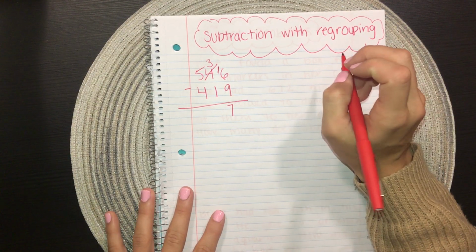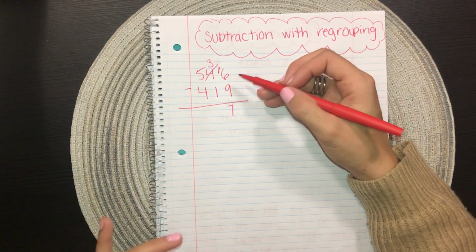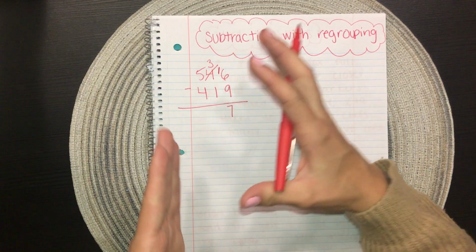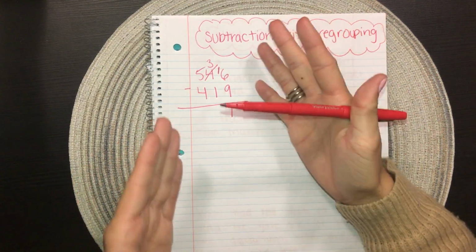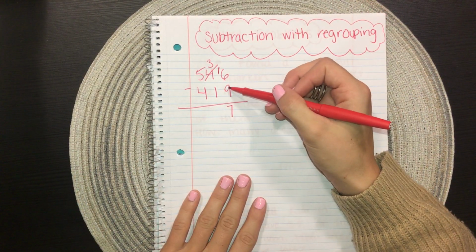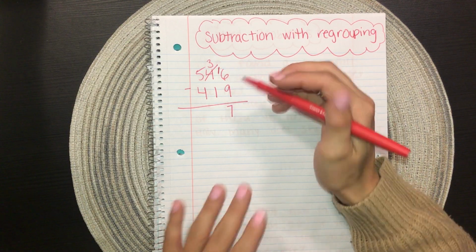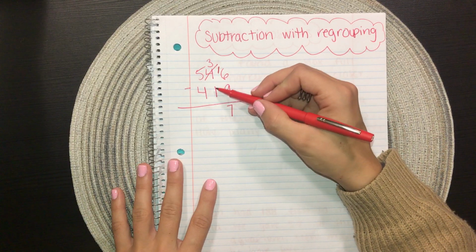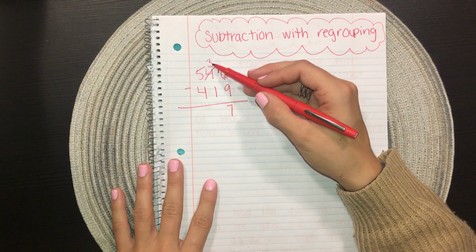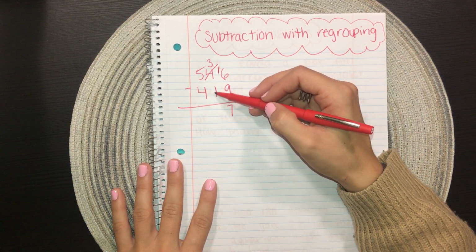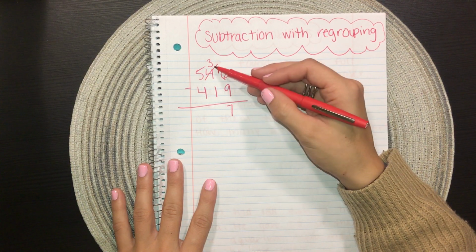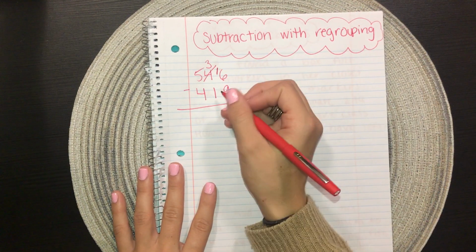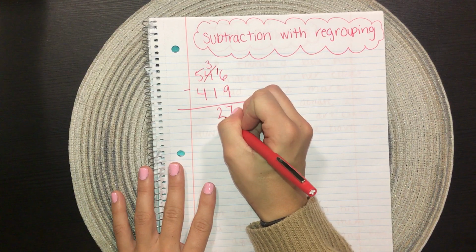So that's kind of the question you have to ask yourself when you're working on each column or in each place value. You have to say, can I take away the bottom number from the top number evenly? Or not evenly, but is it possible? So for this one, we have 3 or 30 minus 1 or 10. So can you take away 10 from 30? Yes. So when you take away the 10 from 30, it equals 20.